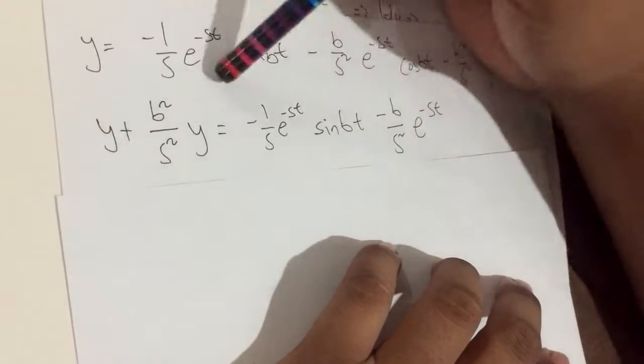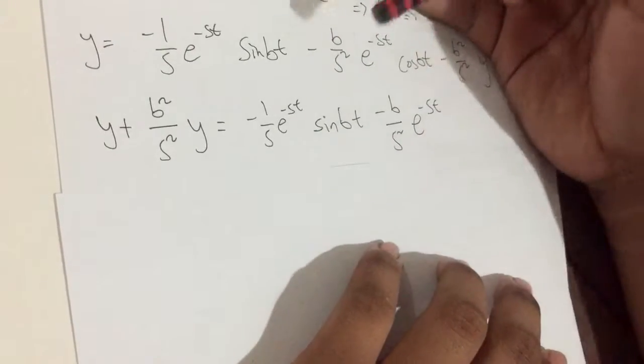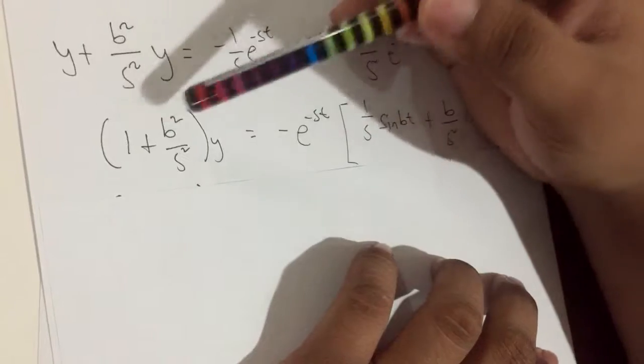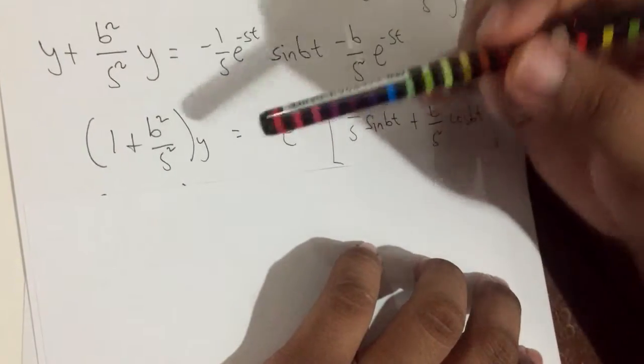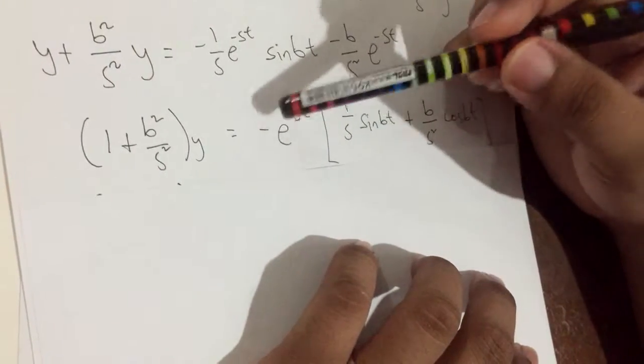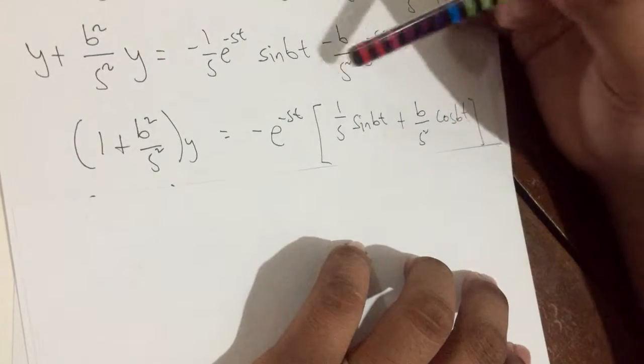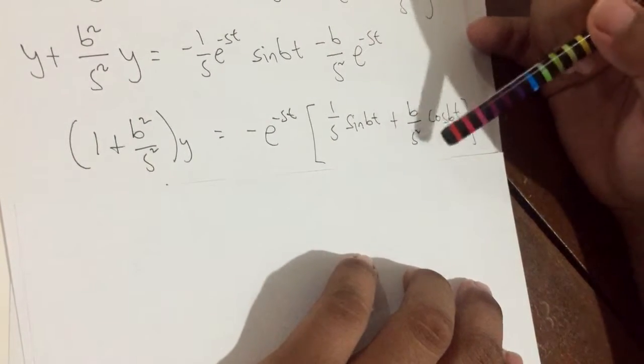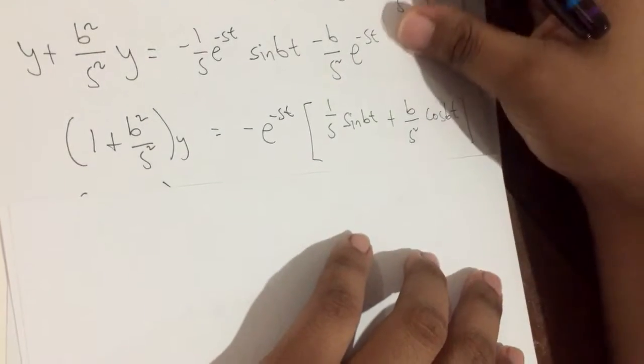We factor out y here and e to the negative st, which will turn to this: 1 plus b squared over s squared times y is equal to negative e to the negative st times 1 over s sine bt plus b over s squared cosine bt.